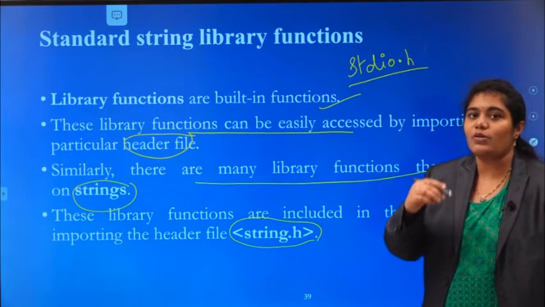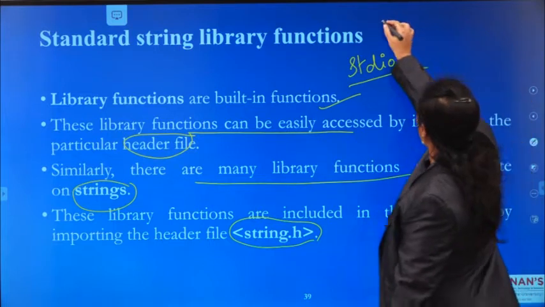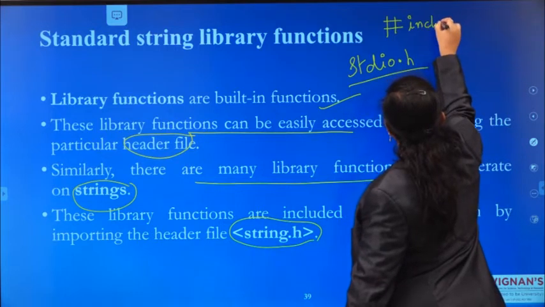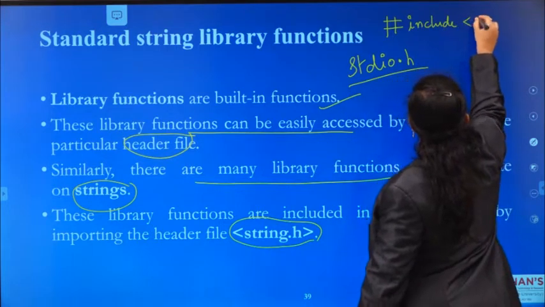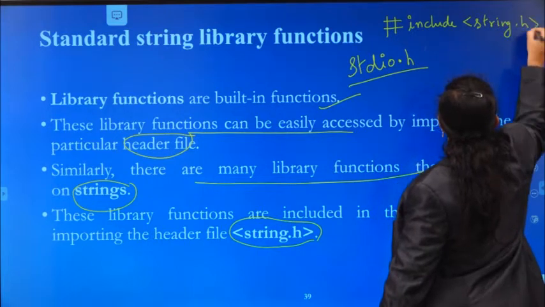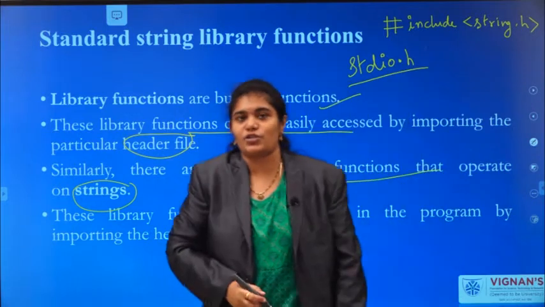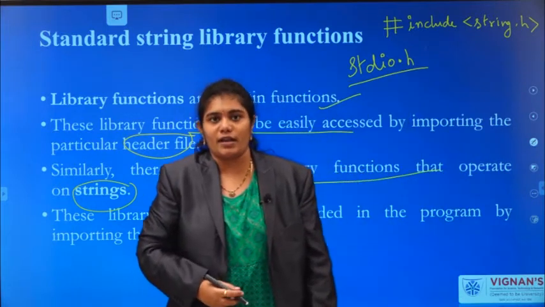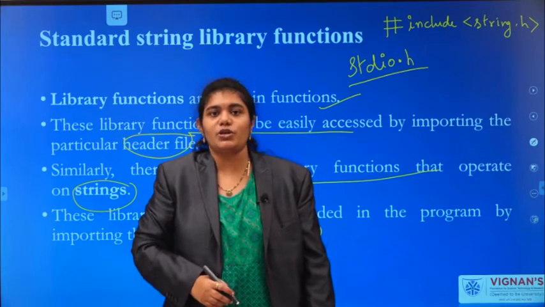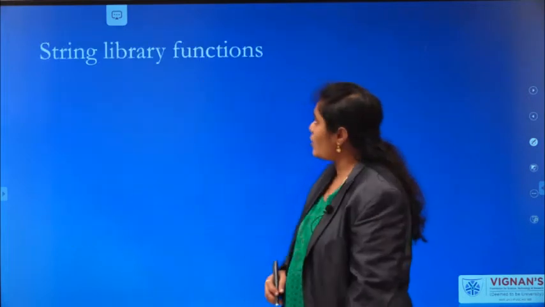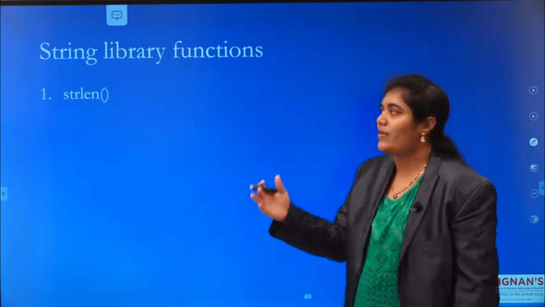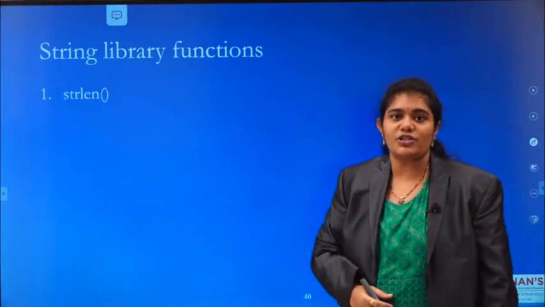You have to include this header file in your program like this: #include <string.h>. With the help of the string.h header file, you can include various built-in functions which are related to strings. Let us see what built-in functions are available in the string.h header file.